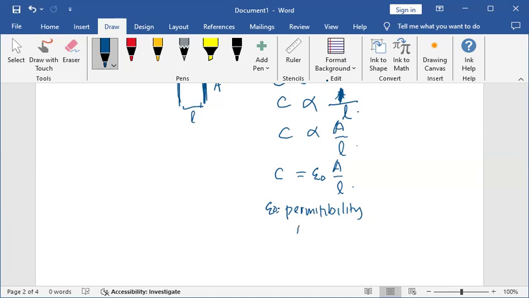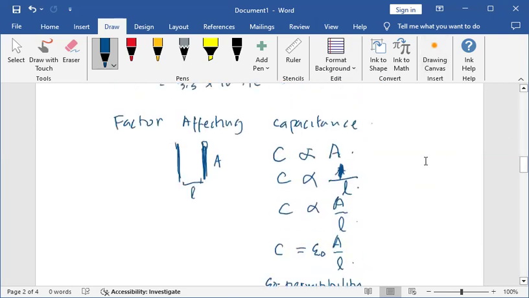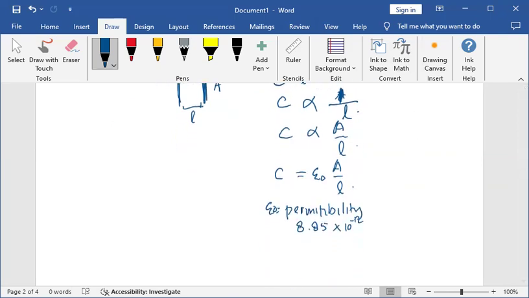The constant is 8.85 times 10 power minus 12, for air or vacuum. And if there is a material here, the equation for C equals epsilon naught times epsilon r times A over L, where epsilon r is the relative permittivity of that material.